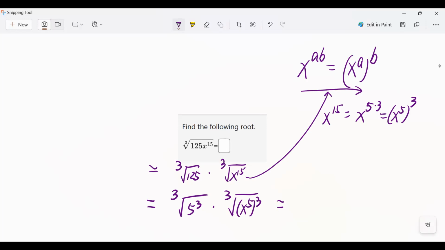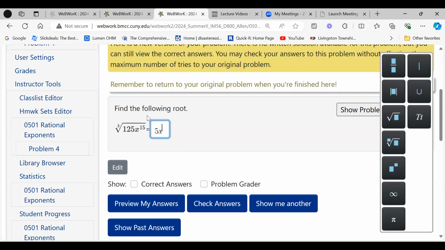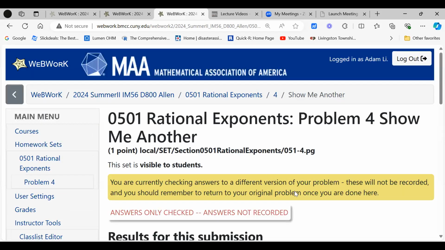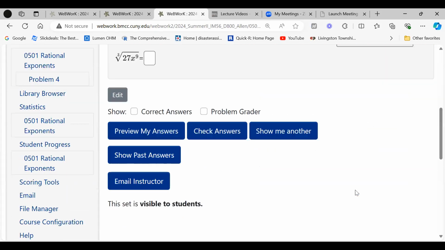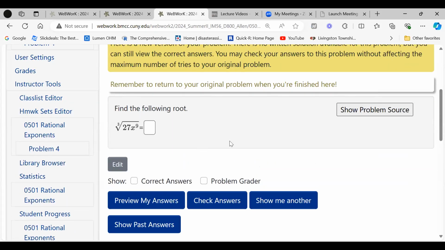Once you have the root index and the power, and the index and the power are the same, we get 5 and x to the 5. So it's 5x to the 5. That's the correct answer. Yep, check it, so it should be good. You guys maybe try one of those. Okay, you try this one.